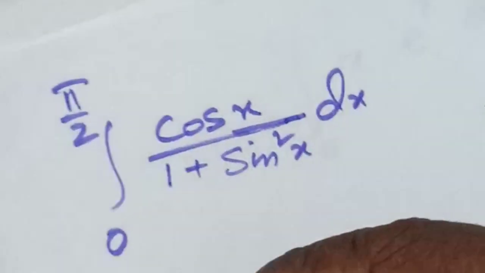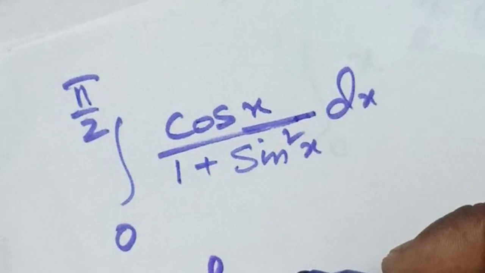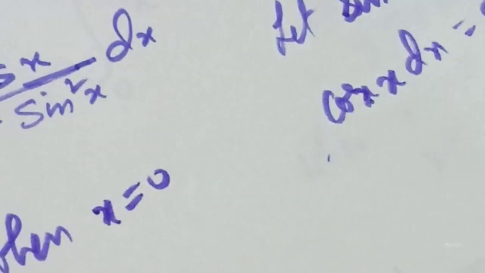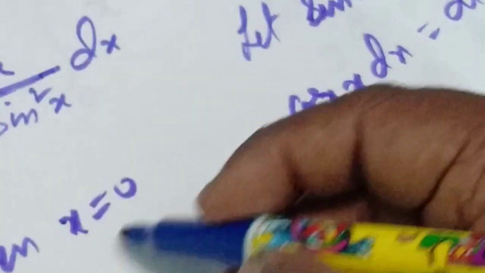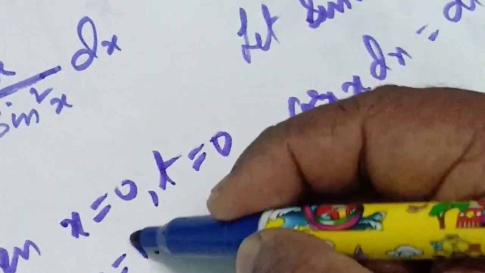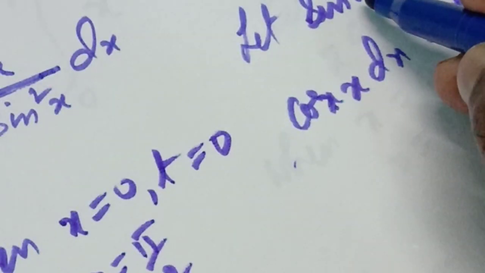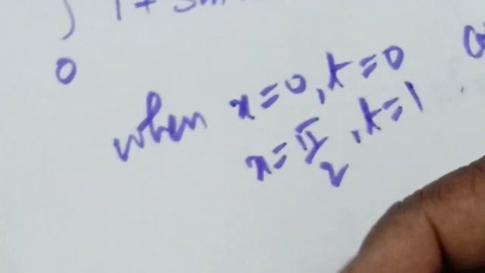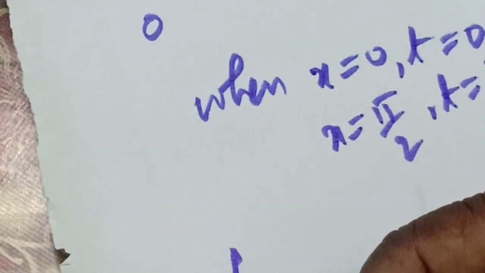So when x is 0, according to the substitution, we put x as 0 in sin x, then t is also 0. When x is pi by 2, sin pi by 2 is 1, so t becomes 1. So instead of writing 0 to pi by 2, we are supposed to write 0 to 1.